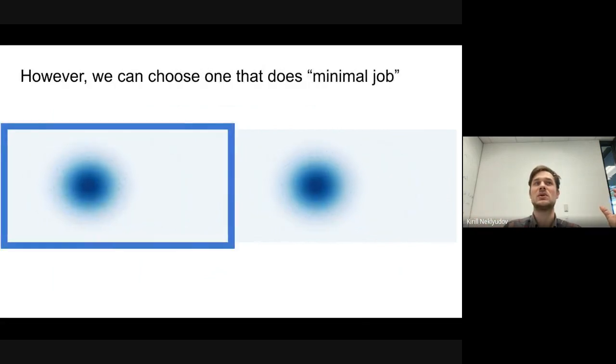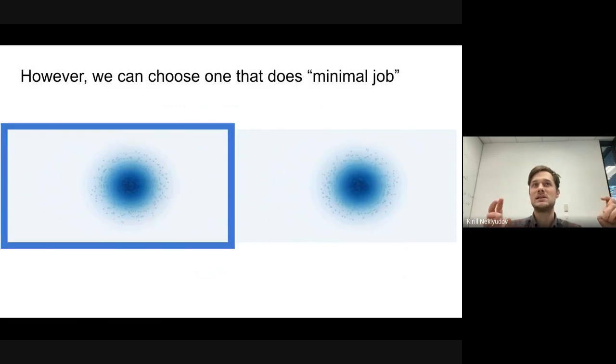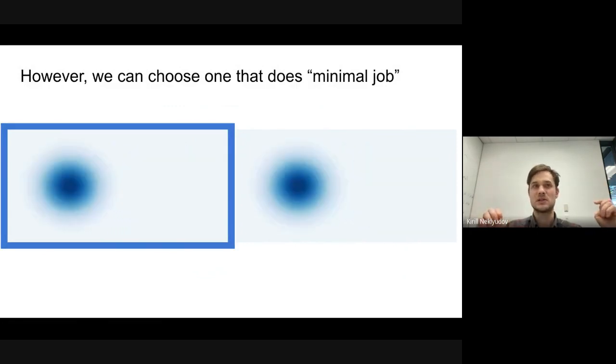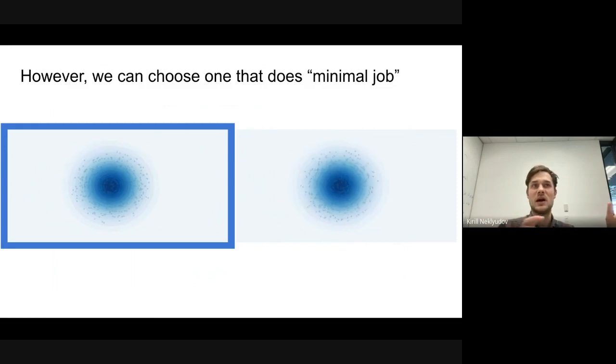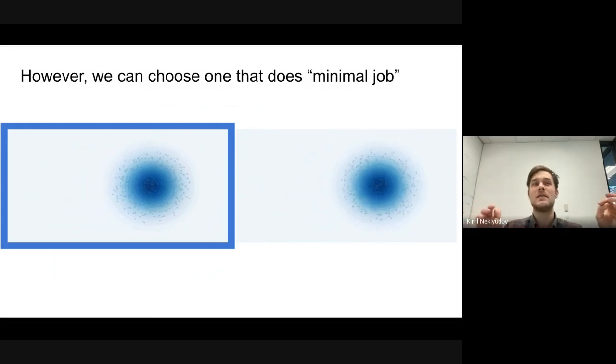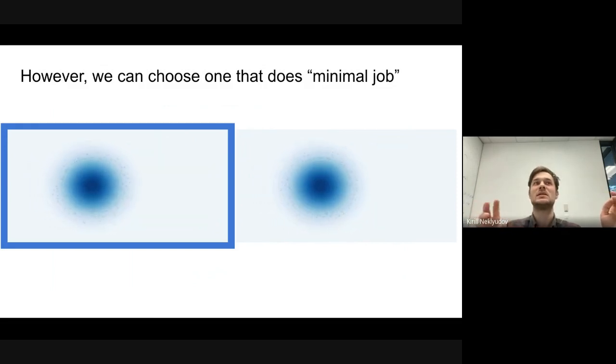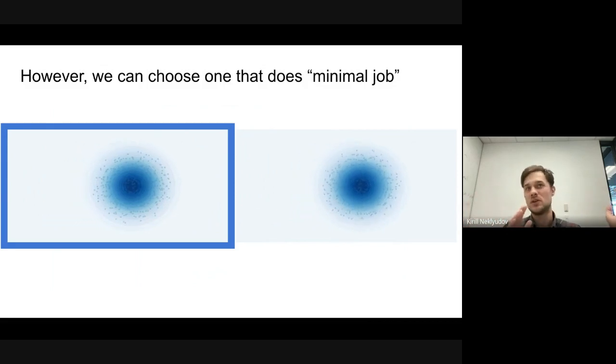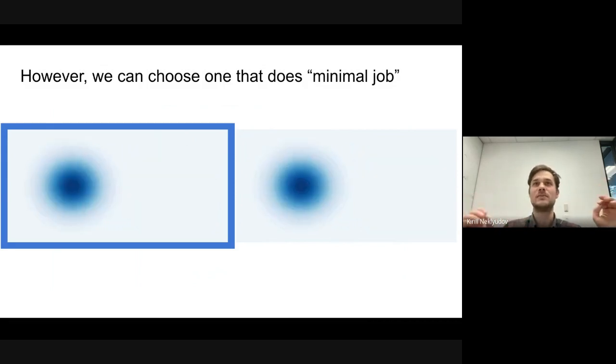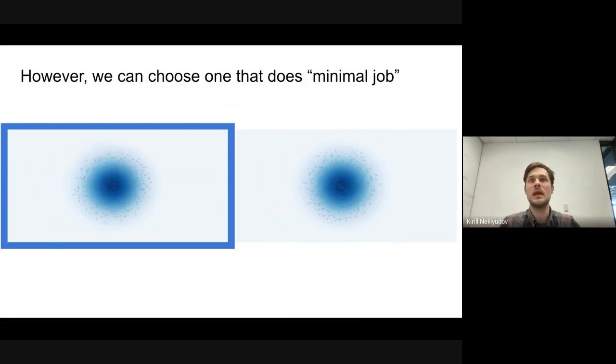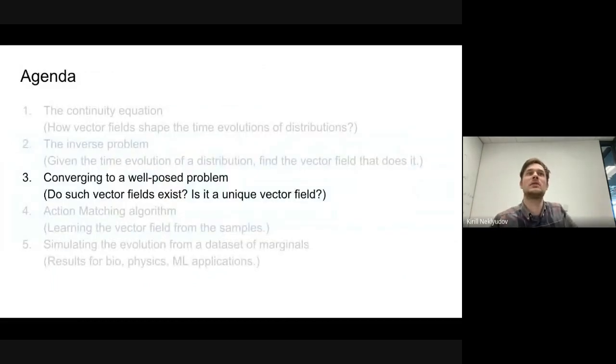So let's stick to the one that does the minimal job in some sense. So here we say, okay, if the Gaussian drifts to the right, then we shouldn't rotate the samples. We should just drift all the samples to the right. Okay, and we can formalize it, and that's what we'll do next in a couple of slides.